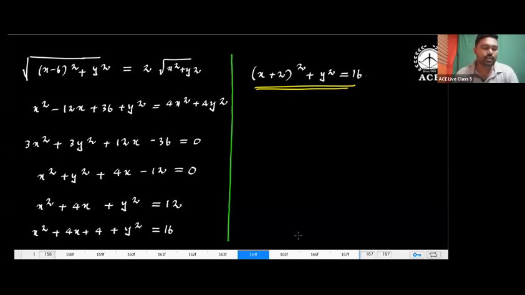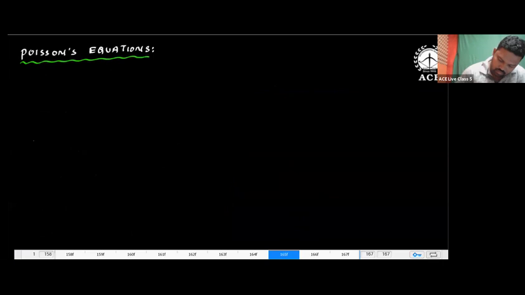Let us have one more concept here. Poisson's equation, beta. What is it? What is this Poisson's equation?